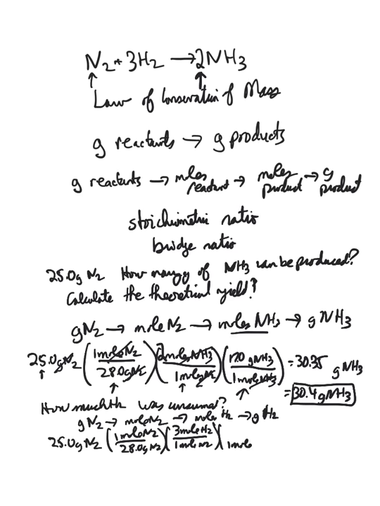And then I need to go back to grams hydrogen. So 1 mole of H2 is the same as 2.02 grams of H2. So now I've got grams nitrogen divided by grams nitrogen, moles nitrogen divided by moles nitrogen, moles hydrogen divided by moles hydrogen, and that'll give me grams of hydrogen.